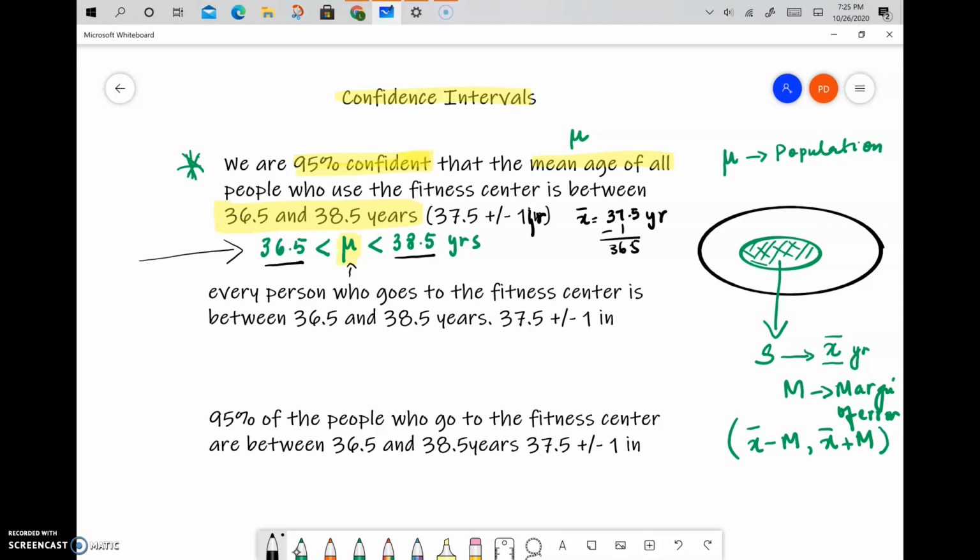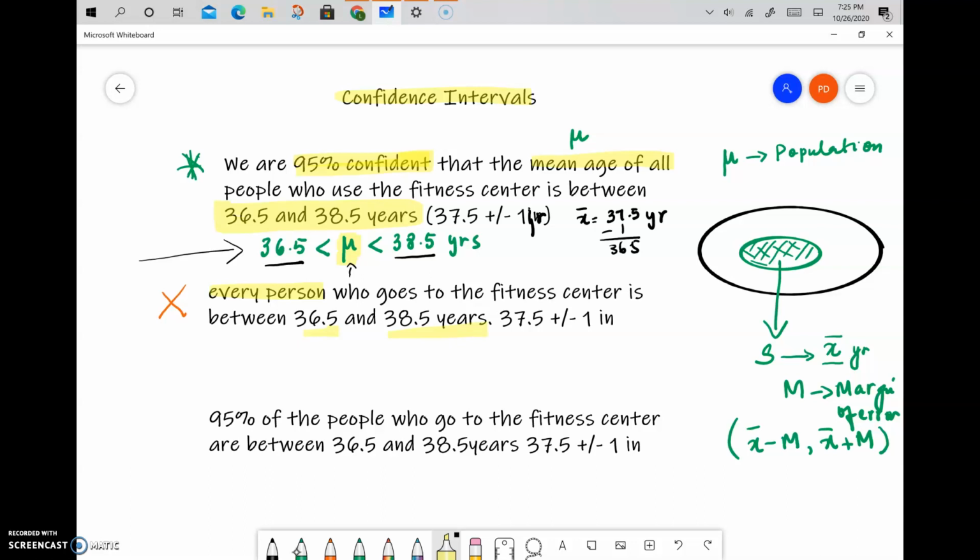Now we have to be very careful about the language and how this sentence is interpreted. Now let's read the second sentence, and let me tell you before we even start that it is incorrect. Let's find out why. It says, every person who goes to the fitness center is between the ages of 36.5 and 38.5 years.